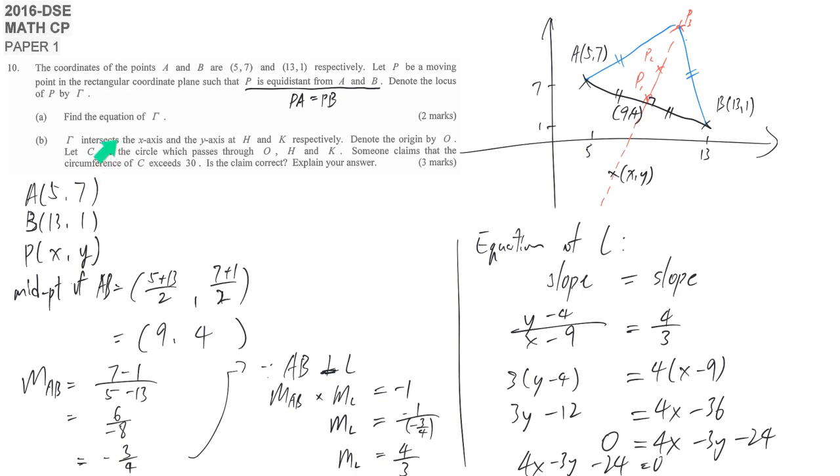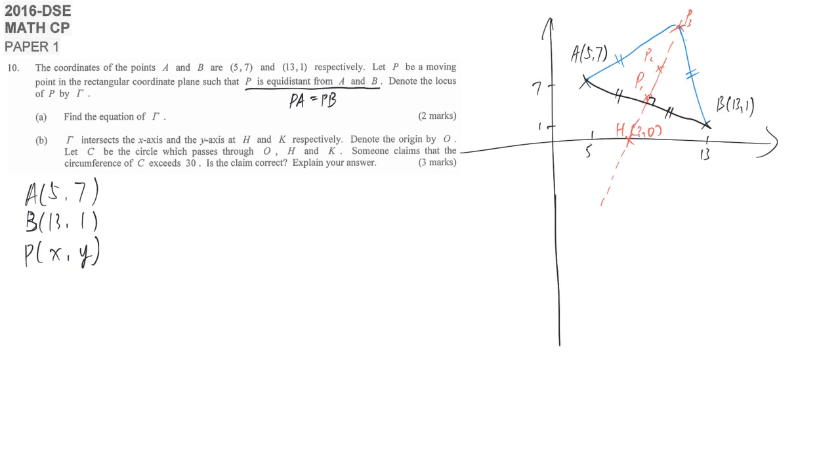In part B, they say that this line, the red line, intersects the x-axis and y-axis at H and K. If I use this graph, that means H is somewhere here. We know it is the x-intercept, that's why the y-coordinate is 0.